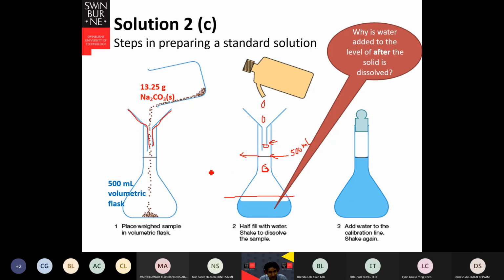I'll make sure all of it is dissolved, and then I will add more water up to 2/3 of the flask, stopper it first, invert it, and shake it gently so that everything is mixed well. And then I will top up slowly and very carefully so that it does not cross this line. Once it touches here, we understand that this is 500 milliliter of the solution.